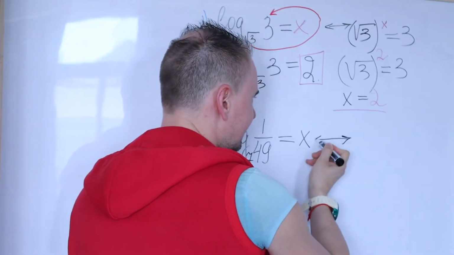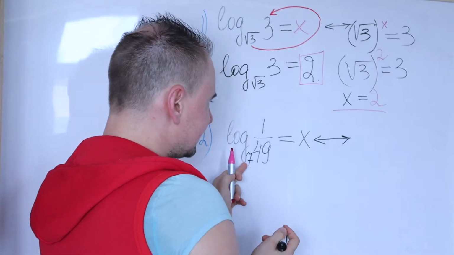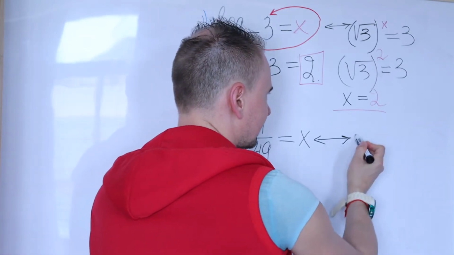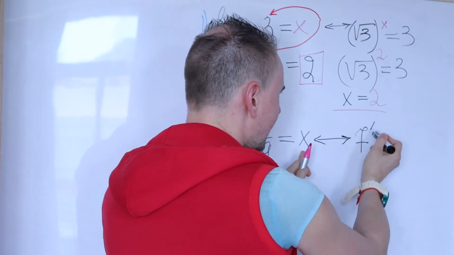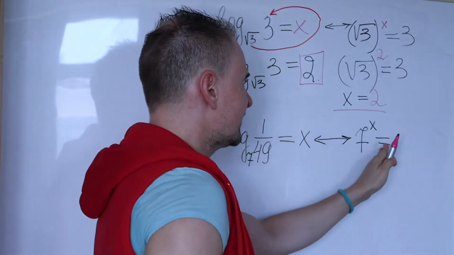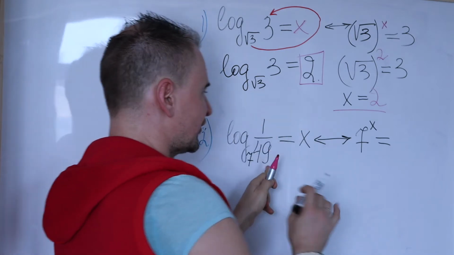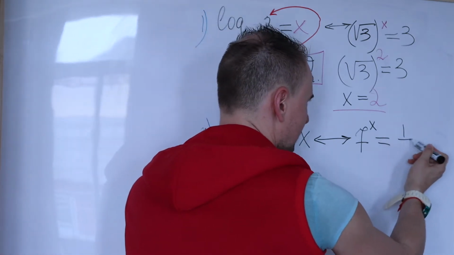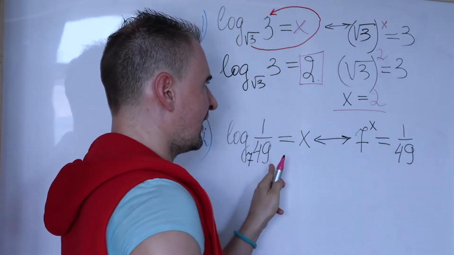So it's equivalent to: you always start with this little base 7, and you're going to raise it to the power of x on your right side, and that equals whatever you have inside, your argument of your logarithm, which is 1 over 49 in this problem.